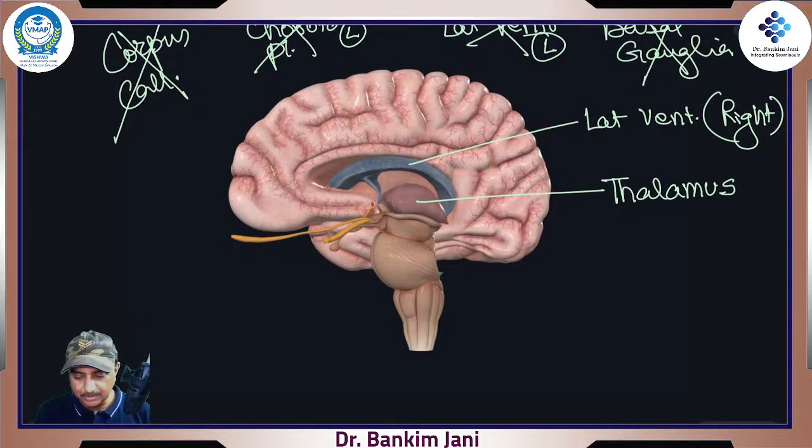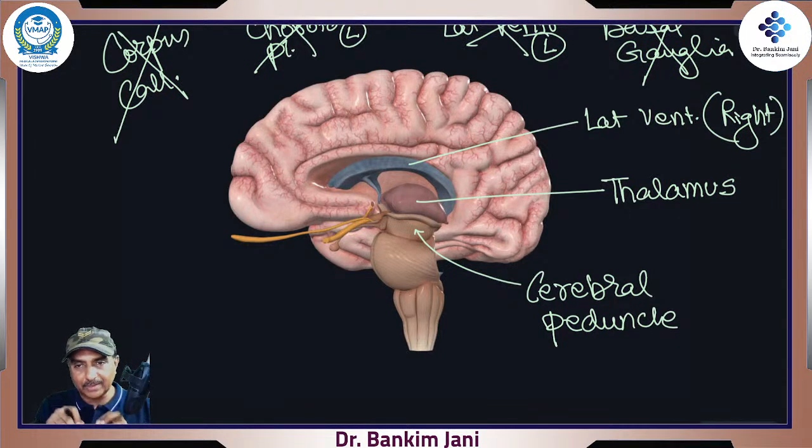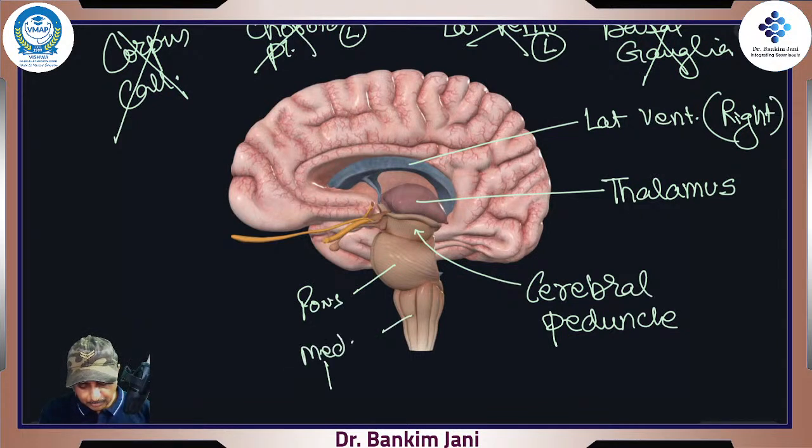Thalamus. We can see this one is the cerebral peduncle, right? The cerebral peduncle is what connects the cerebrum, along with, say, this one is the pons, this one is the medulla oblongata.